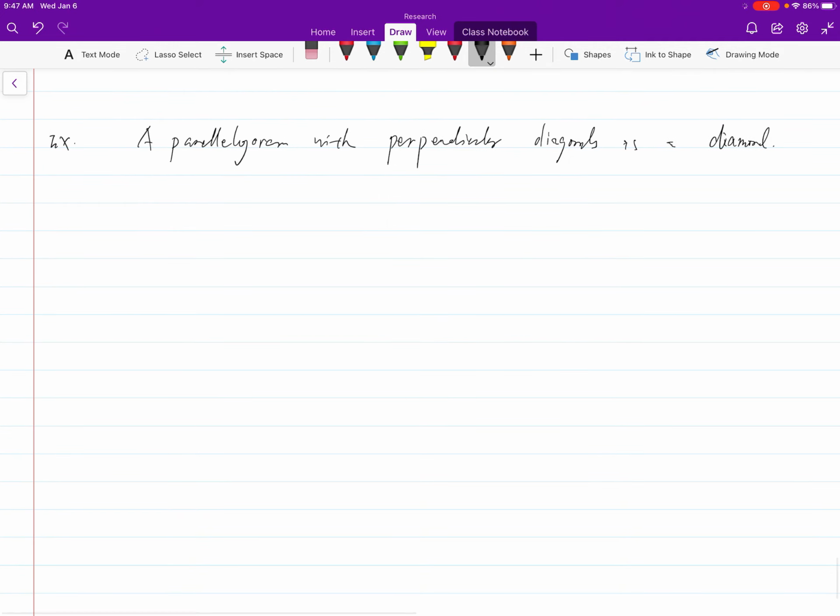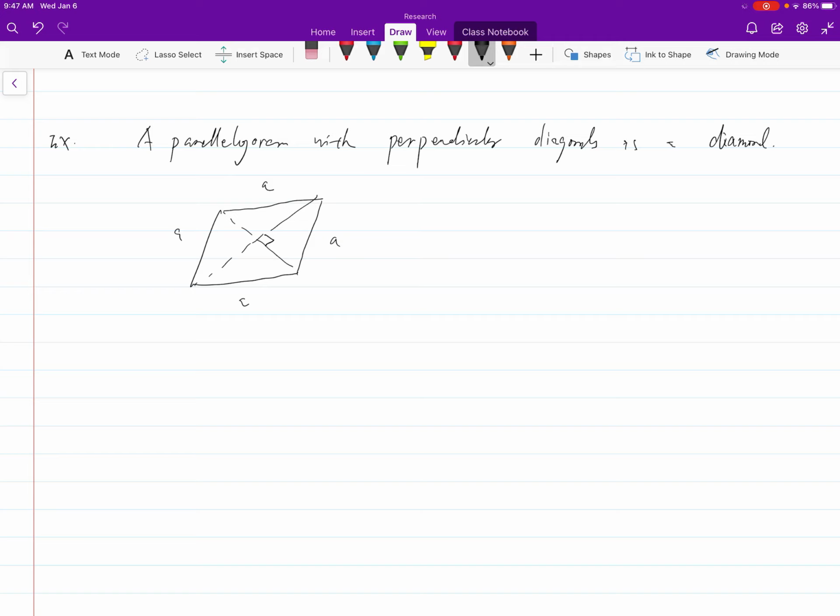Okay, what it says is, you can have all kinds of parallelograms, and there's no guarantee they will have perpendicular diagonals. But if they have, if this is 90 degrees, then this is a diamond, which means all the four sides have equal length.